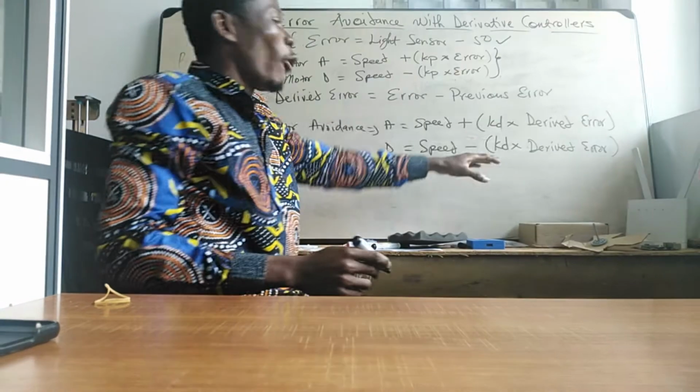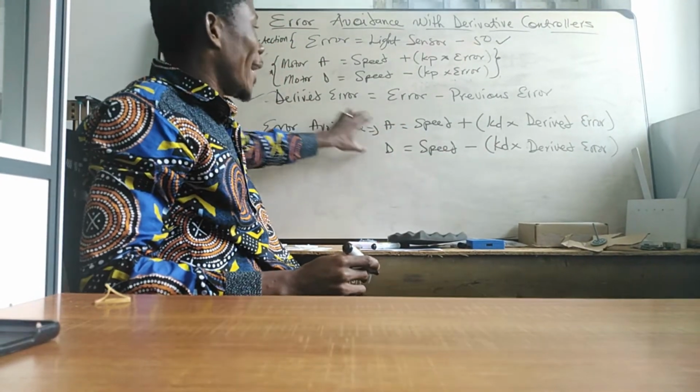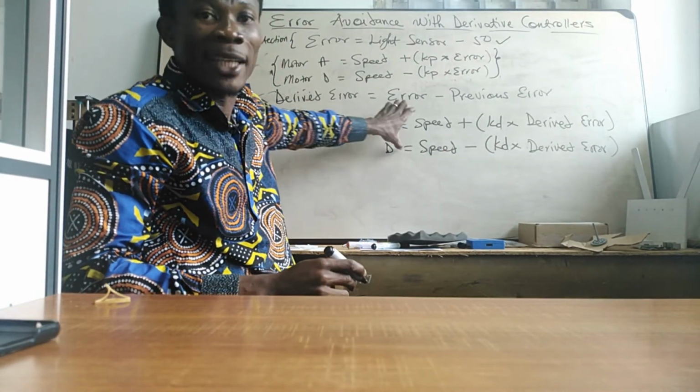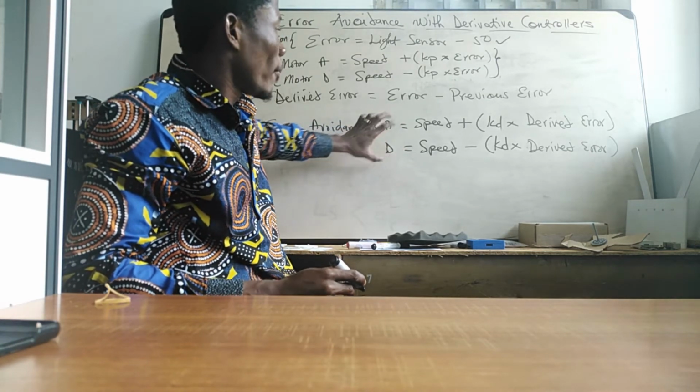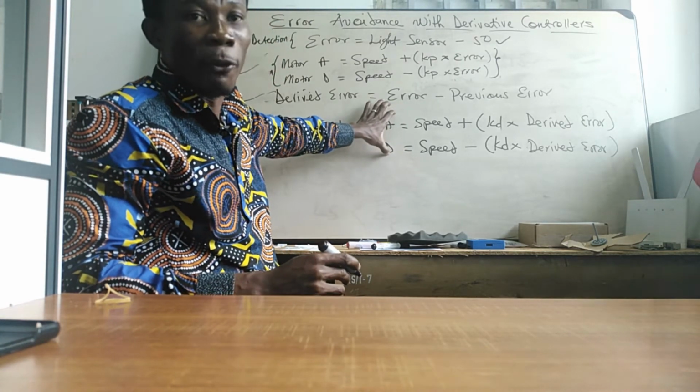So a fraction of the derived error, which is a predicted error, is used to prevent the motors from getting into that erroneous state. So there is our error avoidance formulation.